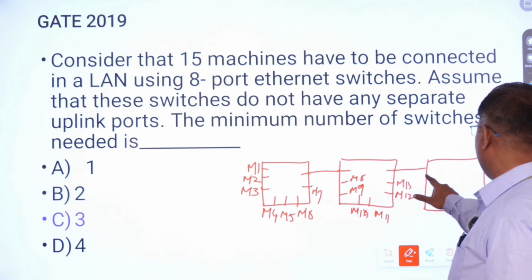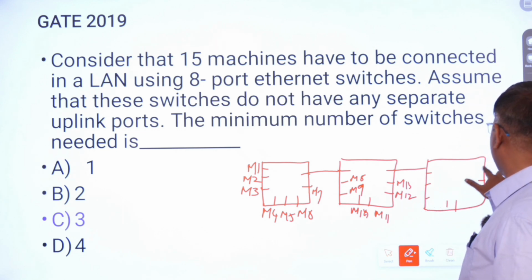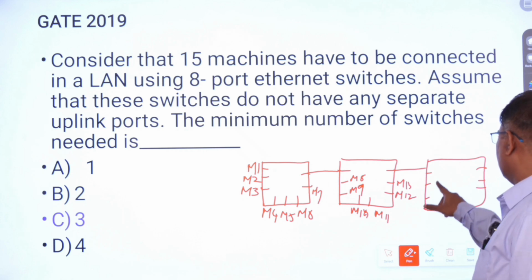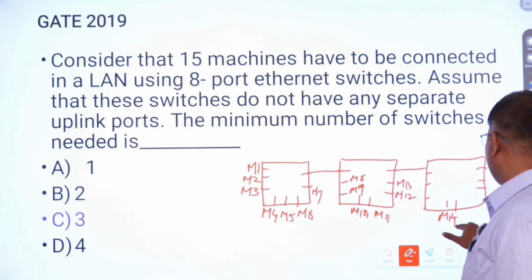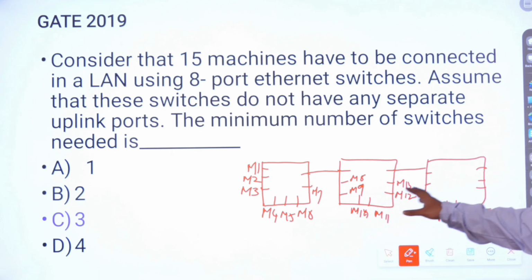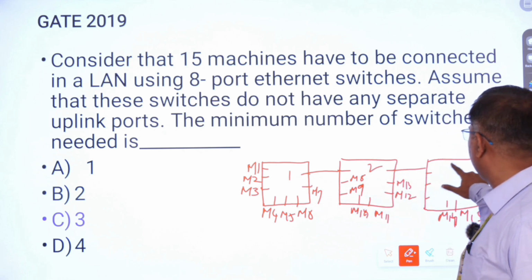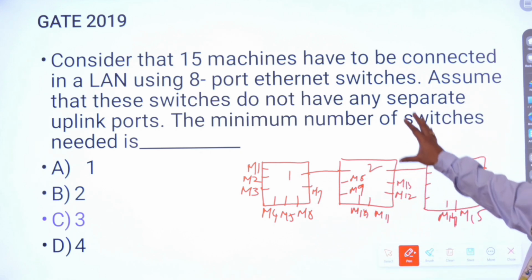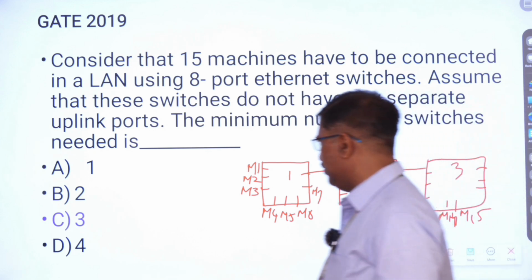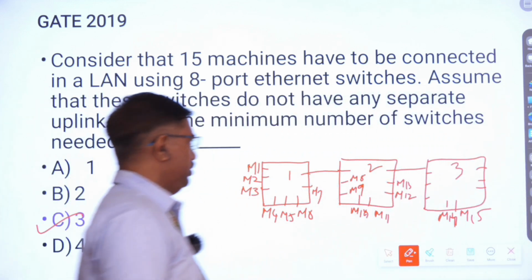So here you will have the other 8 ports: 1, 2, 3, 4, 5, 6, 7, 8, with M14, M15. So totally how many 8-port Ethernet switches are needed? 3. Totally 3 8-port switches are needed to connect the 15 machines. So option C will be the correct answer.